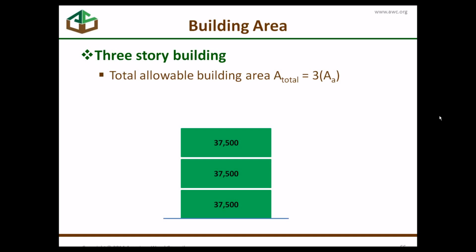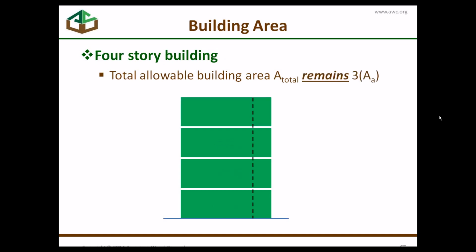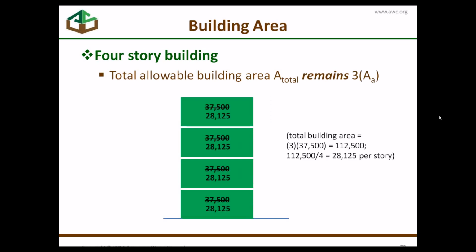So now we have a building of twice 37,500, and we can even go to a 3rd story. Now we've reached the maximum allowable area of our building. If we take another story at the top, the total allowable area remains 3 times the allowable area per story. So we have to reduce the area of that.